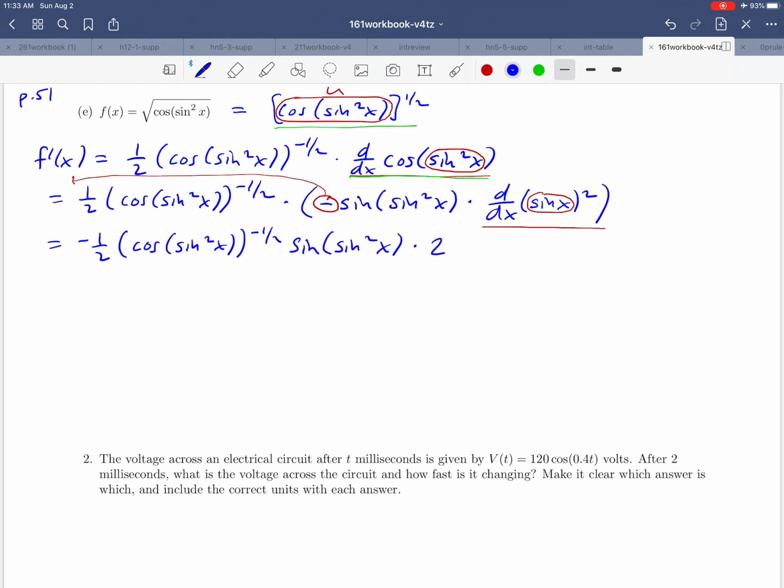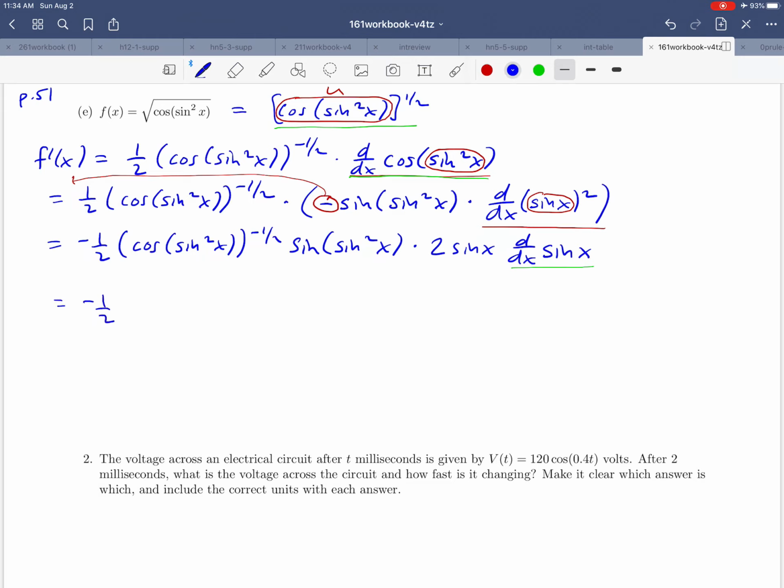Well, you get 2u, where the u is sine of x, and then second step of the chain rule again is to multiply by the derivative of the u. That's going to stick a d dx of sine of x on the end. Okay, so you can see this is a lot of work, but we've broken it down really to just one more derivative to take. The derivative of sine of x is just cosine, and we're done.